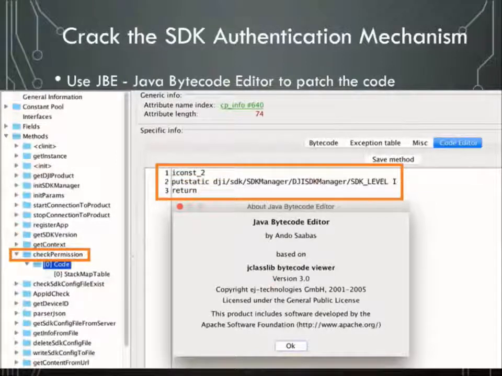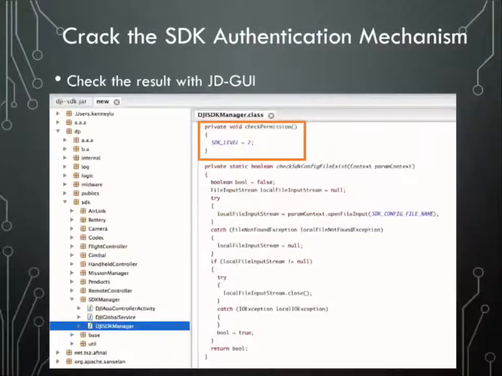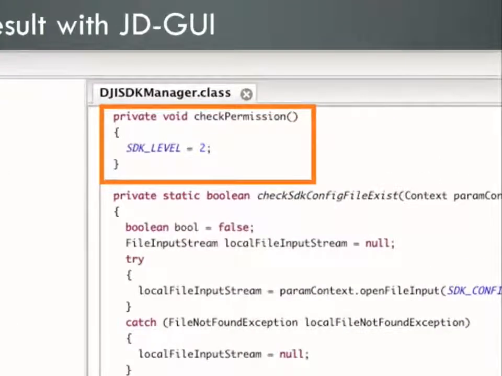After patching this function, you can check the result with JD-GUI. Then you can see the SDK level directly returns 2. This SDK authentication mechanism is easy to hack, but I think it's simple but powerful, because all kinds of DJI drones can be affected by this vulnerability.